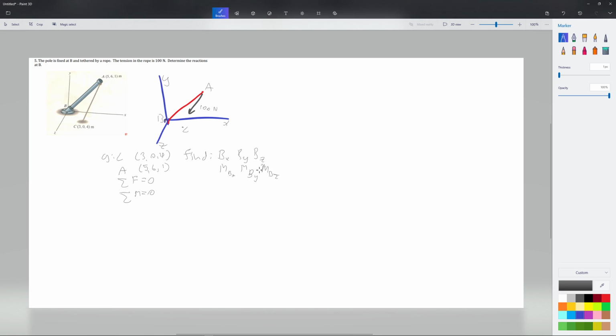We know that the sum of moments equals 0. That's equal to all our moments at B plus the moment exerted by this. I'm going to call this force Fc. And we're going to create a little vector notation for that as well, where it's 100 newtons times our directional vector.